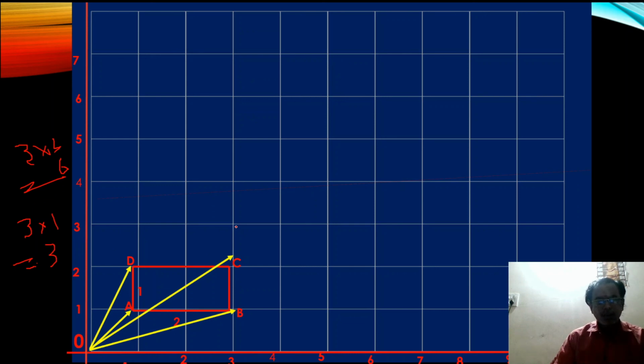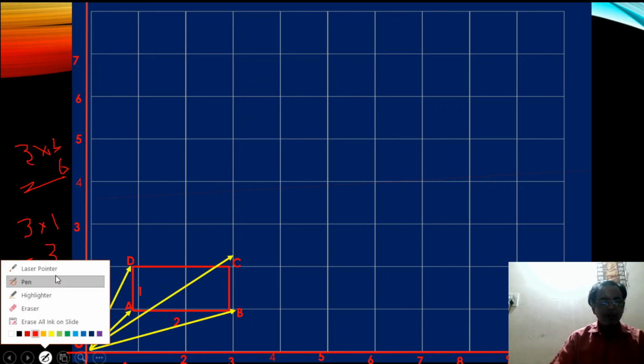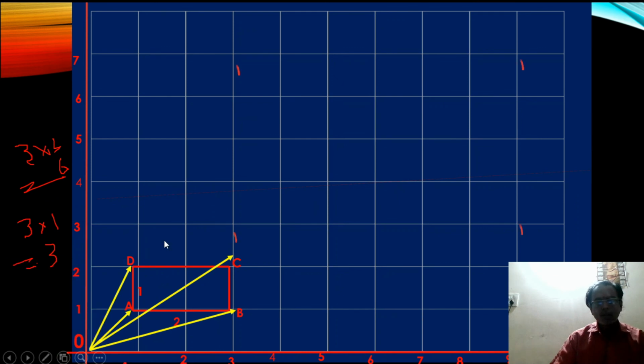So we start drawing arcs with the help of a compass at this position, 3, 3. Let us draw here, here, here. First you take the 3, 3, and then 6.